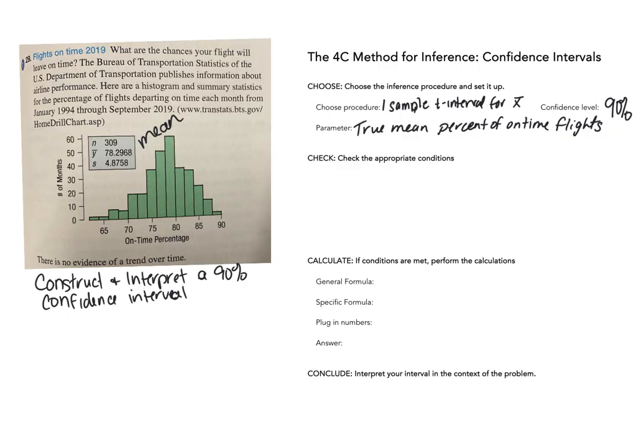So conditions, we have 3 conditions. The first is always check, is it a random sample? If the problem doesn't say it's random, can we assume that it's representative? So we're going to assume that the sample is representative.